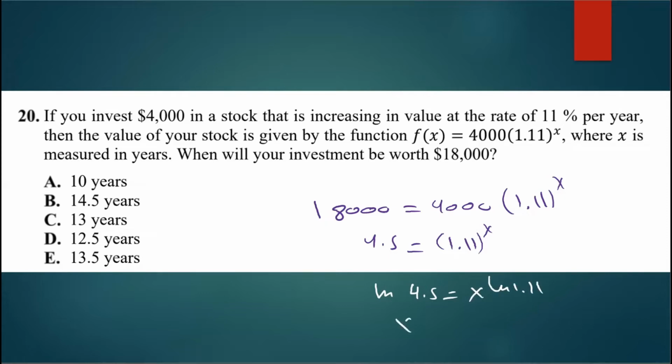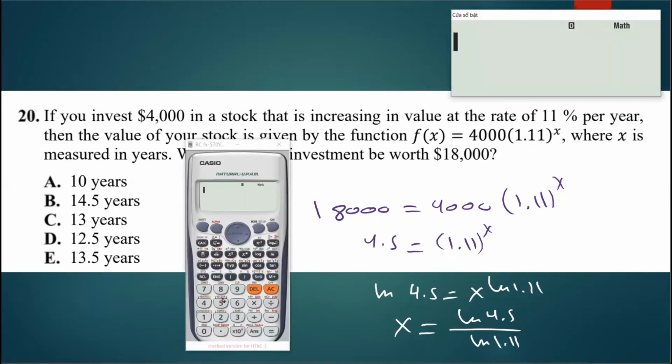That's much easier for you. So ln 4.5 over ln 1.11. The much easier way is just to use shift solve for this one. Okay, so let's find that. It will be the logarithm of 4.5.